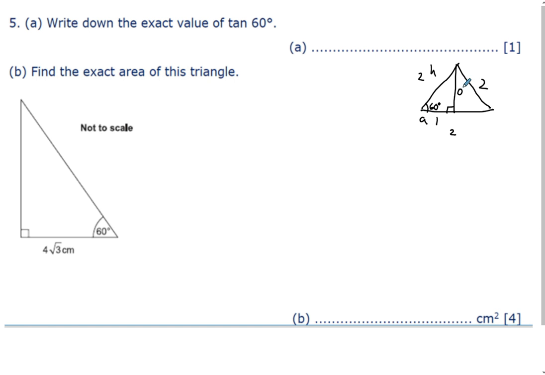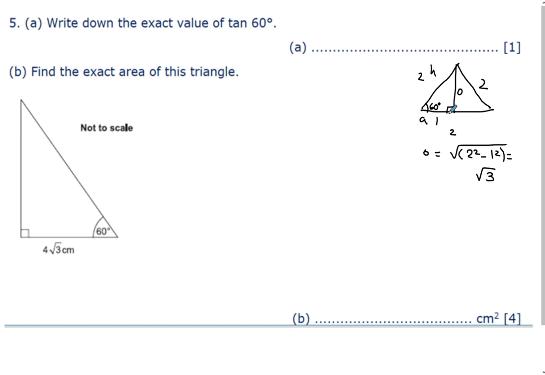Now we need to find out what O is, which is one of the shorter sides. So O would be the square root of 2 squared, which is the hypotenuse, minus the other shorter side squared. So it's actually surd 3. Yeah?